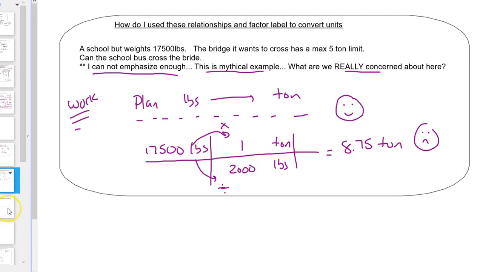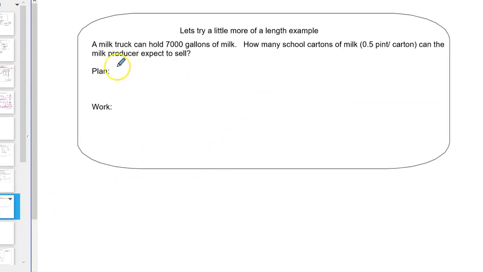Alright, let's try another example. A milk truck can hold 7,000 gallons of milk. How many school cartons of milk can the milk producer expect to sell? Half a pint of milk is equivalent to 1 carton. Let's come up with a plan here. I have 7,000 gallons.